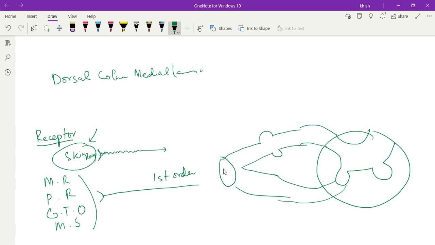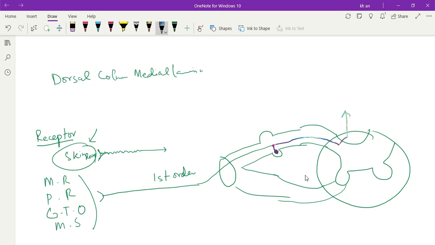The sensory fiber from here will travel up to here, and then it will give a cell body here. Then it will go inside the dorsal root. From the dorsal root, it will enter into the dorsal column, and it will go upward.